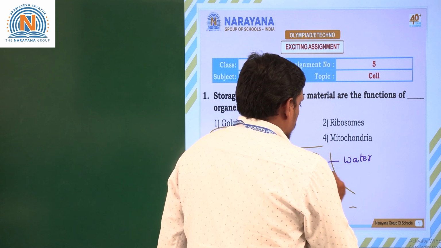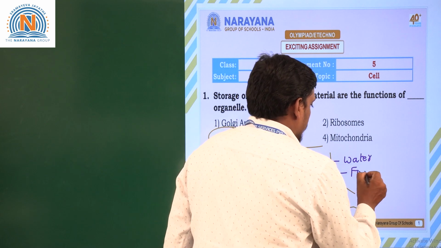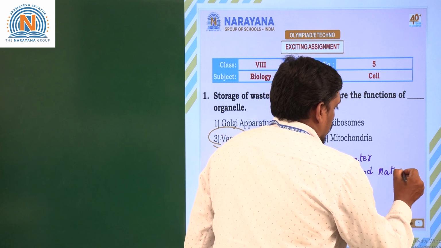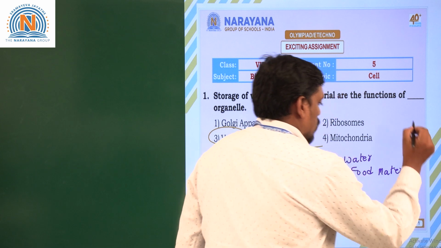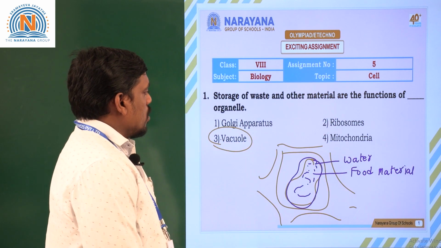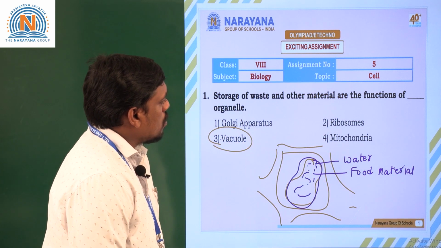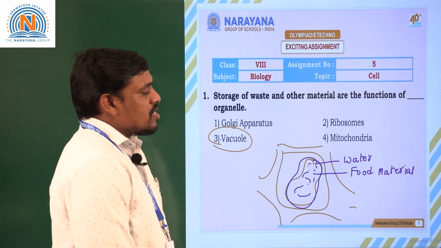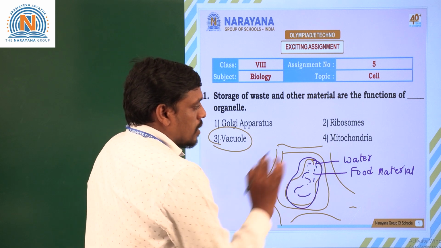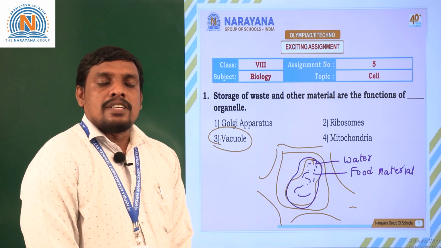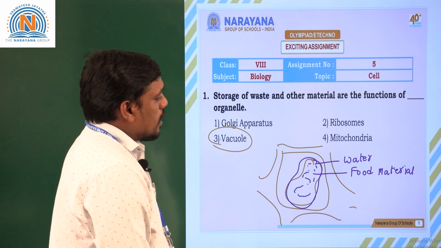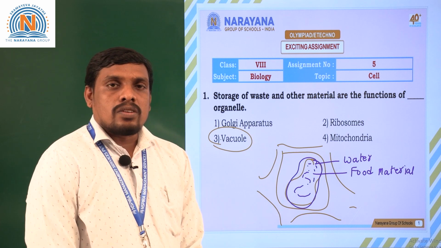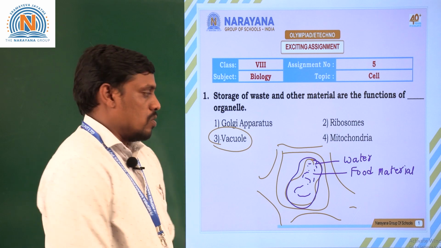Some substances like food materials are also stored inside the vacuole. So the vacuole helps in the storage of waste as well as other materials. Waste substances are generally stored inside the vacuole. Not only the waste, some food materials also get stored inside the vacuole.